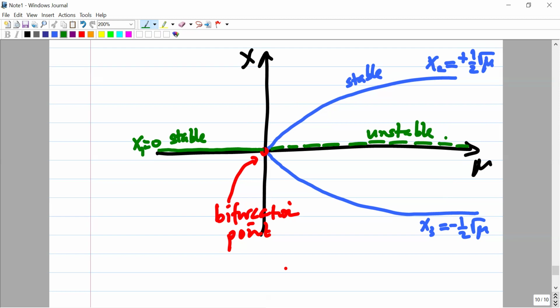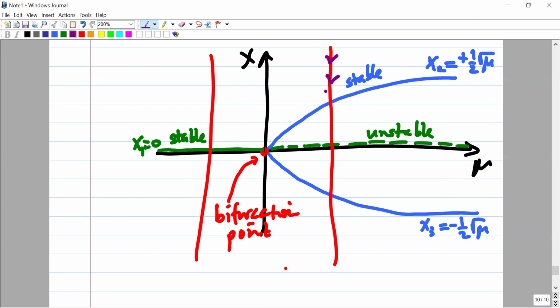So let's also now determine the direction of the trajectories depending on where you start on the bifurcation diagram. So we have two spaces where mu is greater than 0 and mu is less than 0. If we start our solutions here, they will be attracted to this. If we start the solutions here, they are expelled from x1 but attracted to x2.